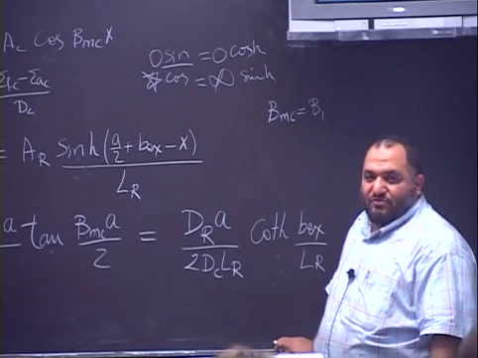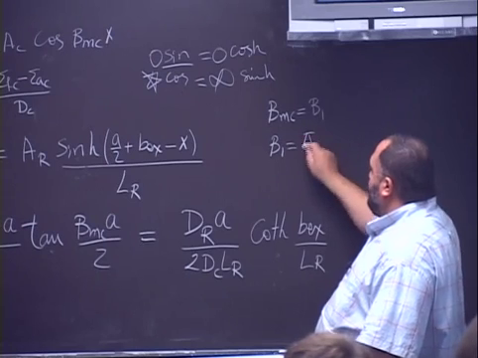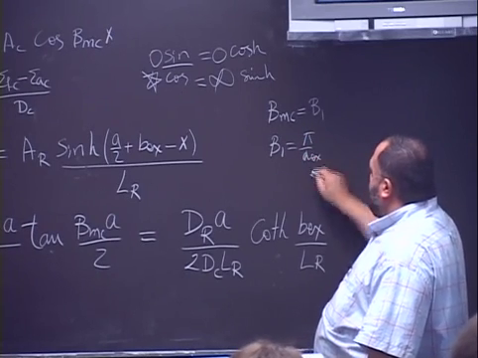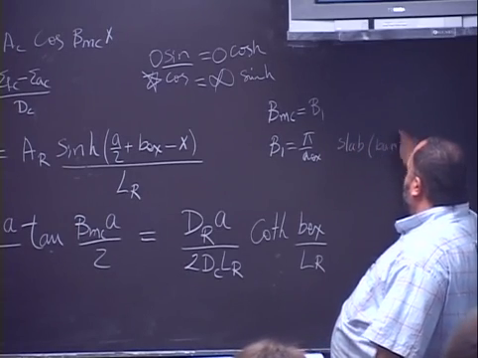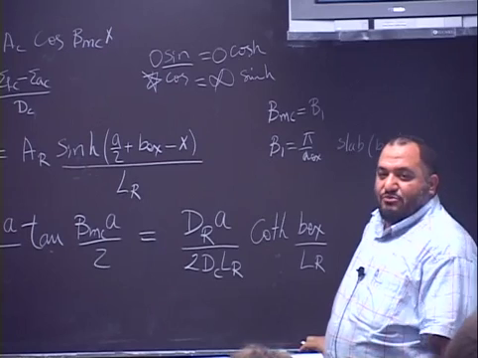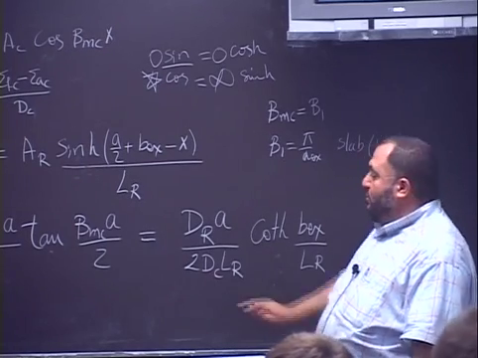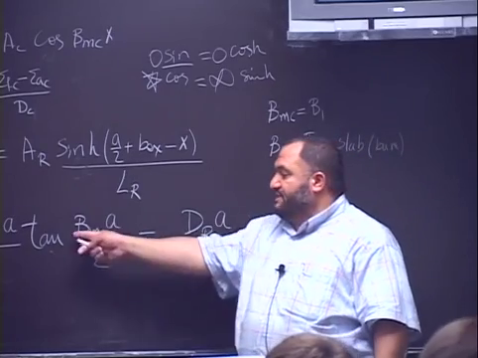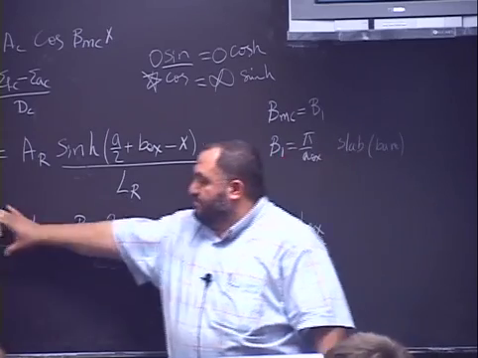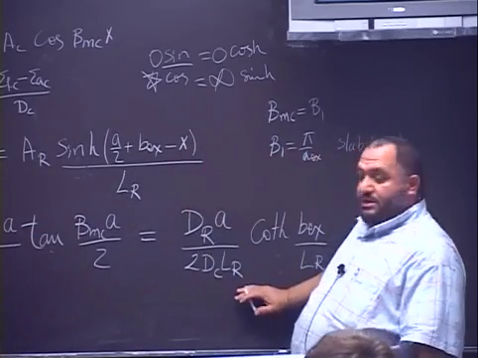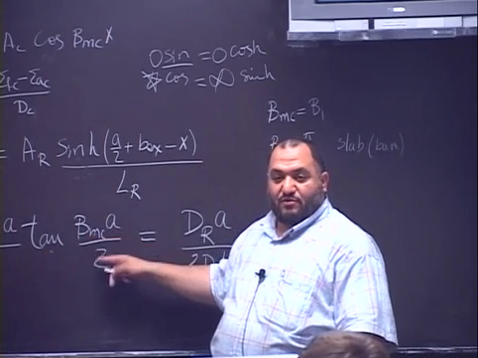I know that for a slab, B1 is pi over what? This is for a bare slab. Now I'm doing this for a reflected reactor, and I want to know what B1 is, so I want to calculate B_MC. B_MC is inside the tangent and it is outside the tangent. If you want to bring this downstairs, you take tangent minus 1, so you get B_MC over 2.